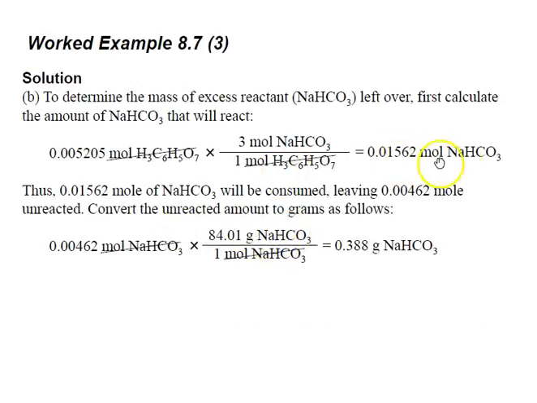And this gives us this value in moles of our sodium bicarbonate. So 0.01562 moles of sodium bicarbonate will be consumed. That leaves 0.00462 moles unreacted. And we can convert the unreacted amount to grams by using stoichiometry again, just from the molecular weight of sodium bicarbonate. Moles cancel, and this takes us to grams.